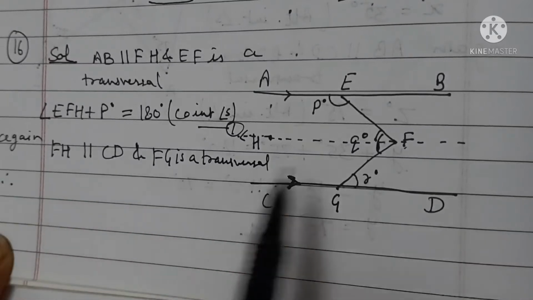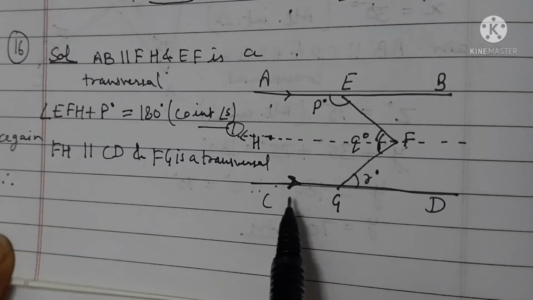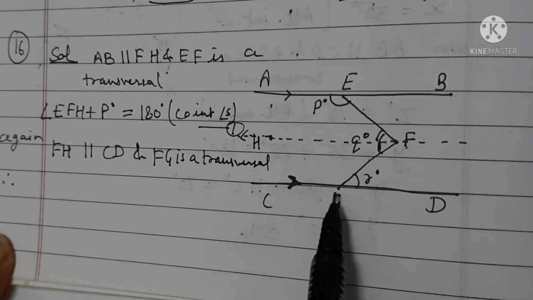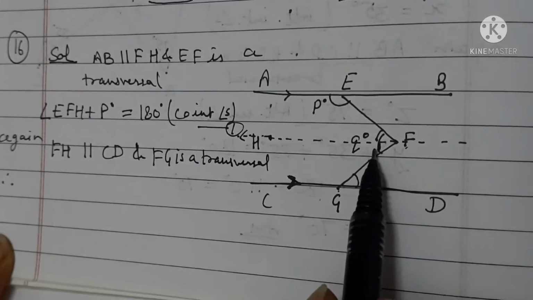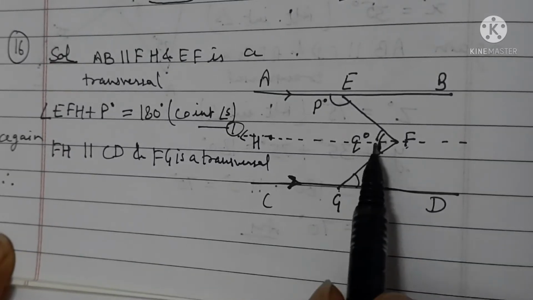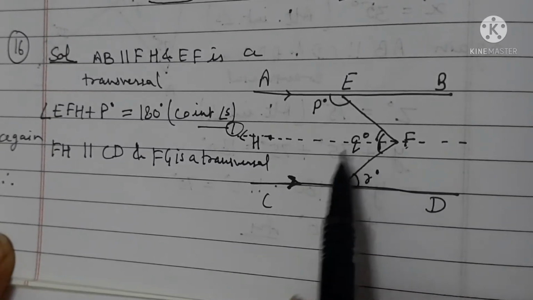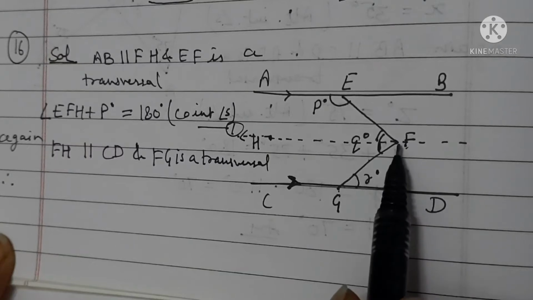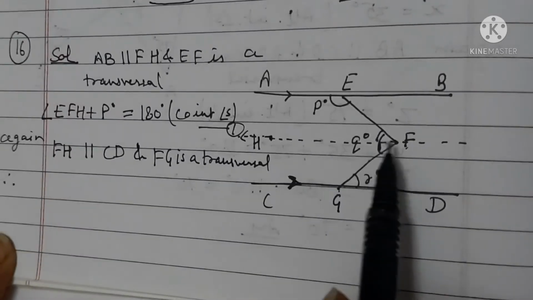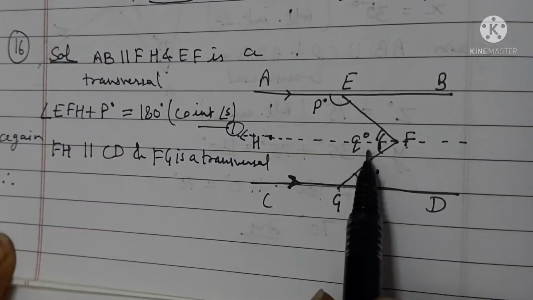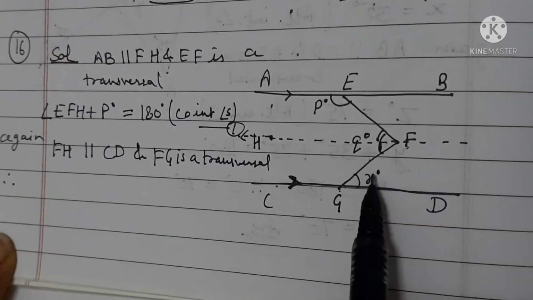Therefore, which two angles are co-interior? Angle CGF. Here there is no need to write co-interior angles, because when these are a pair of parallel lines and FG is a transversal, then angle R and angle HFG are equal. So you can write it, alternate interior angles are equal.